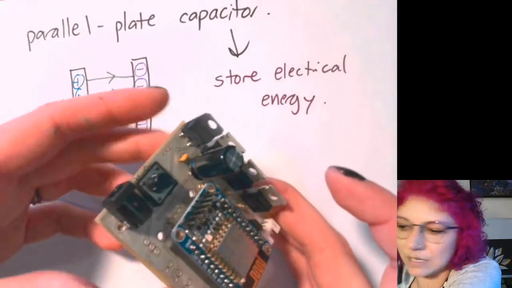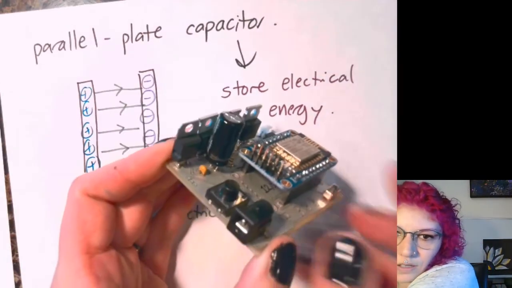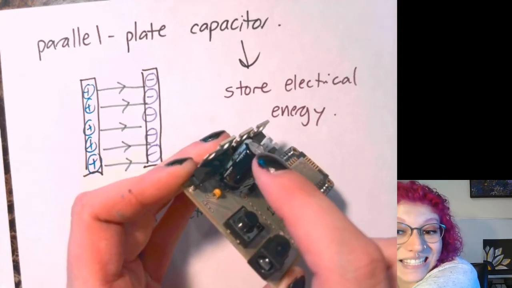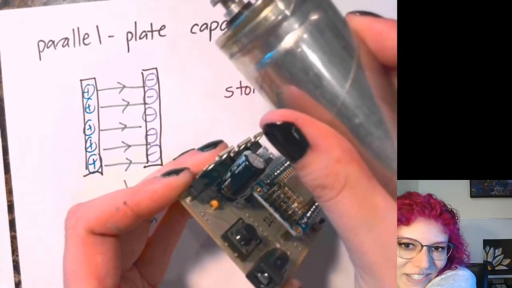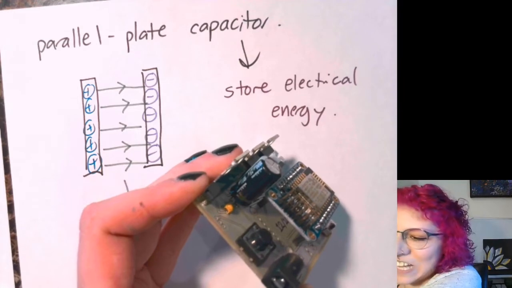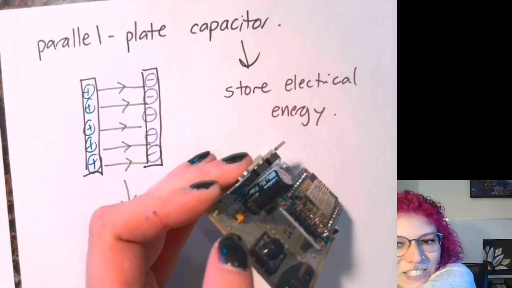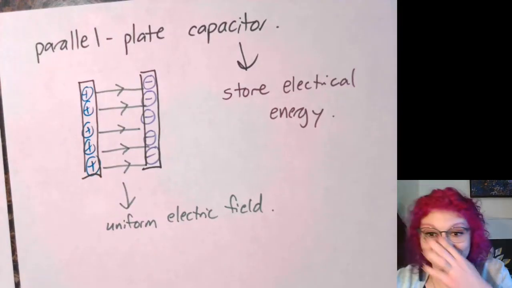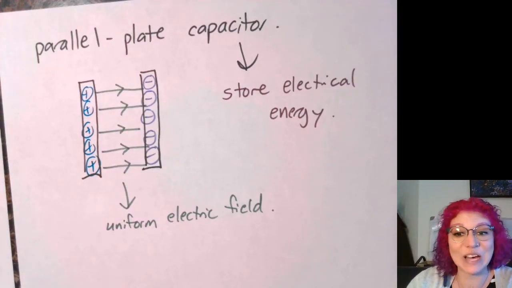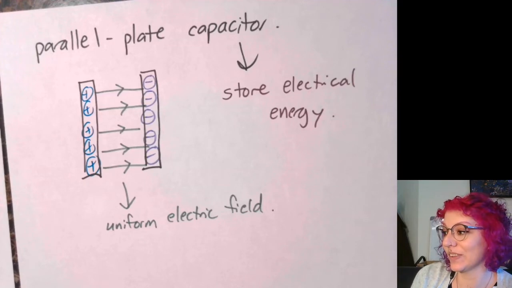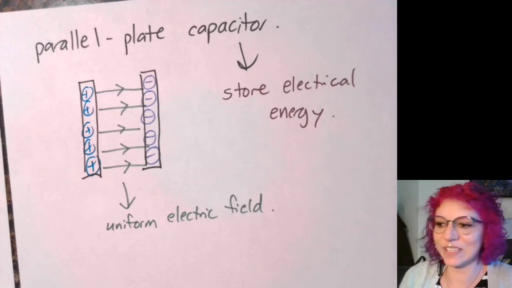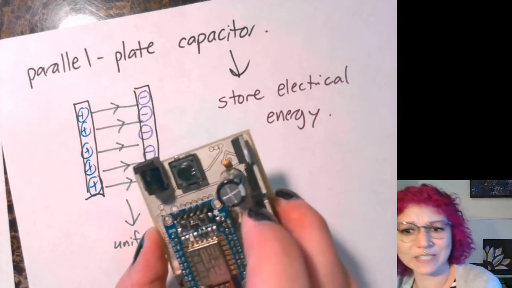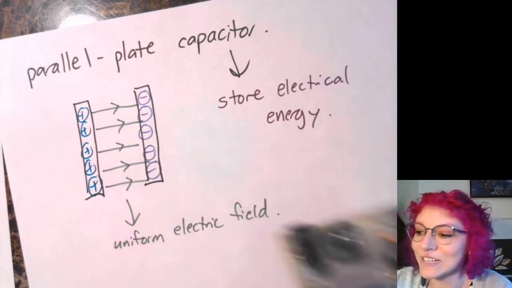But what I want to point out is this cylindrical tower, this is actually a capacitor. So this size versus that size. Also, that little brown speck there is also a capacitor. Yeah, this stuff is really neat. And these devices all rely on these fundamental ideas that y'all are learning right now.